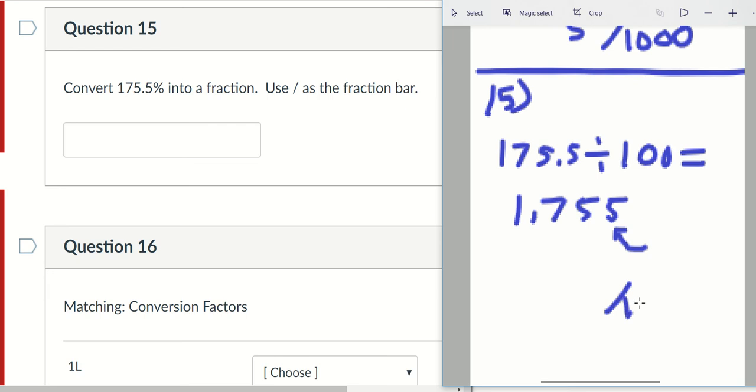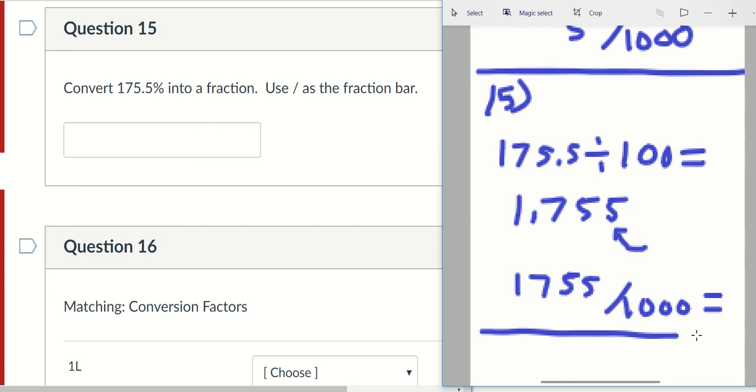Tens, hundreds, thousands. And then you put all the digits on top like we normally do. 1,755. Like number 12 and 13, if you need to check your work, all you got to do is divide to get your decimal and then multiply by 100 just to make sure the percentages are the same. Right. So for 15, just enter 1,755/1,000.